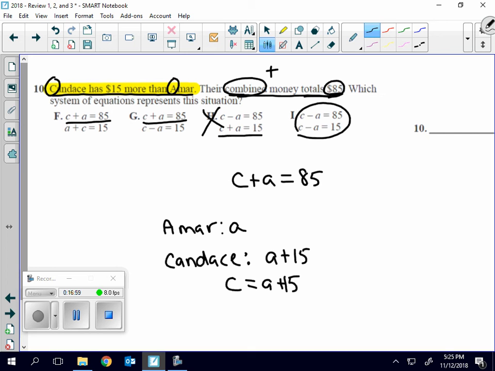All right, to get it to look like one of these, I would have to move A to the other side, subtract A, right? So this is C minus A equals 15. If you get that, that's awesome, okay? But let me show you another way.